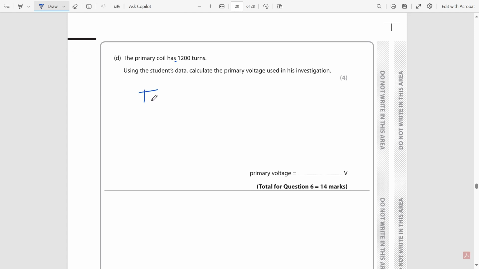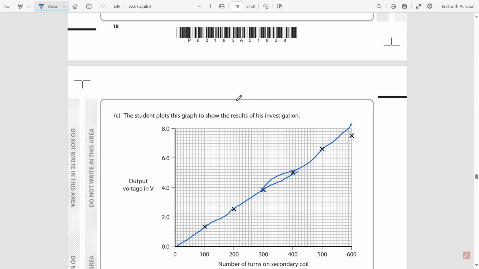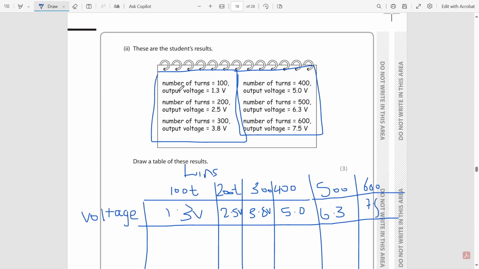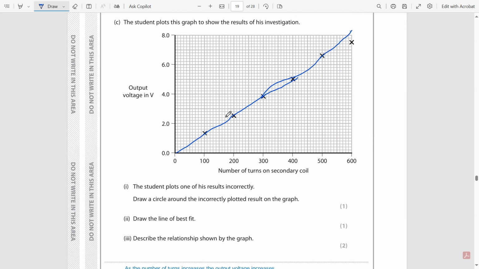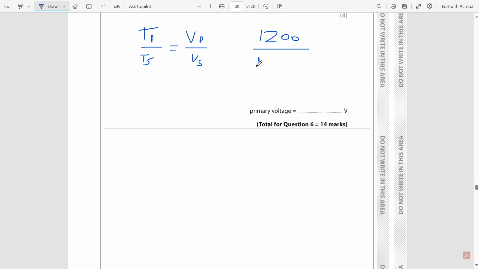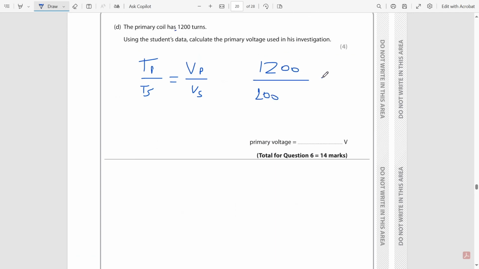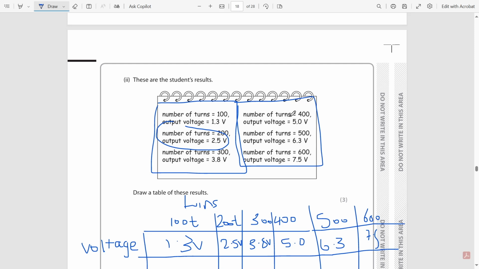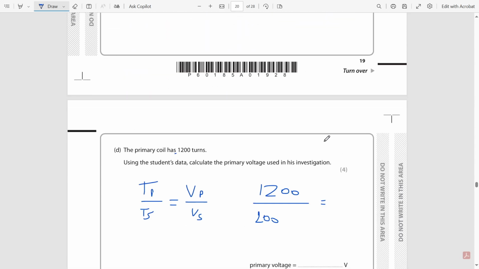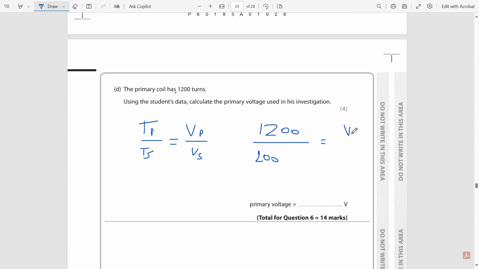Guys, we're going to use this equation. We're going to have 1,200 over 200, and you can take any of these, I'm going to use this one: 200 turns and 2.5 volts. So 1,200 over 200 equals VP over 2.5.